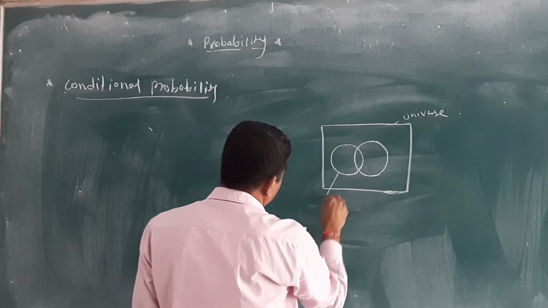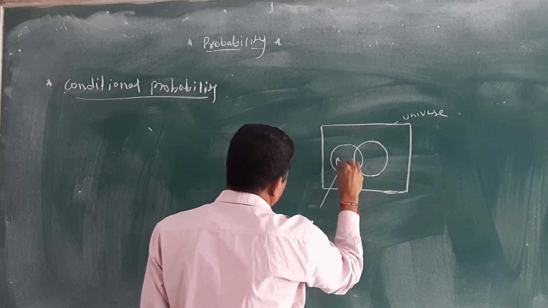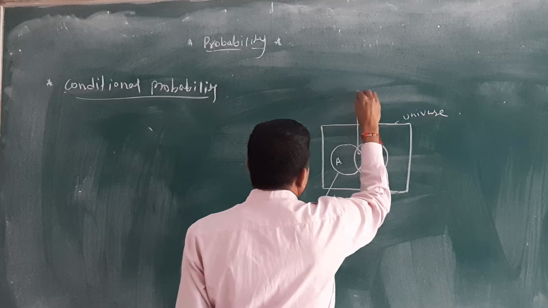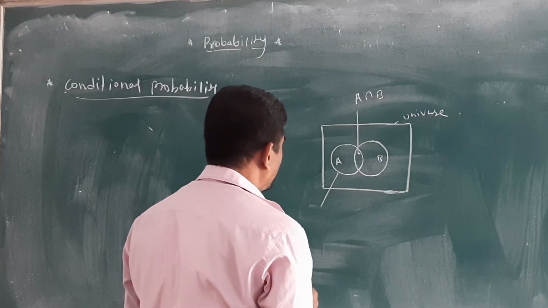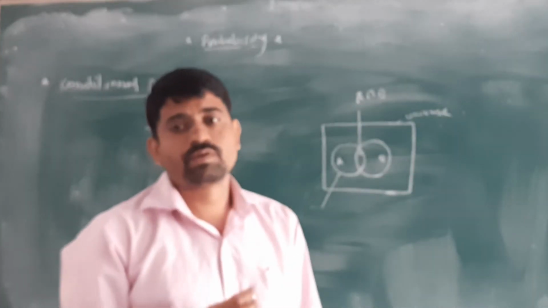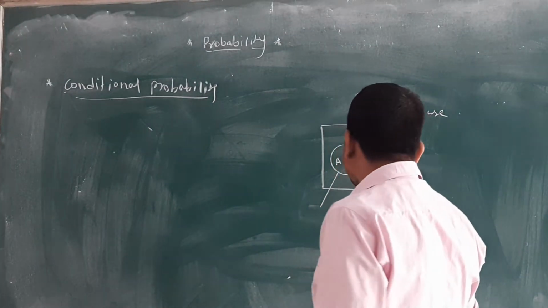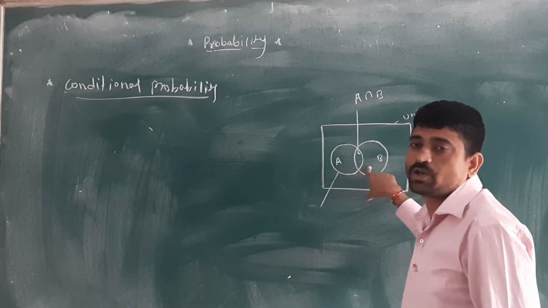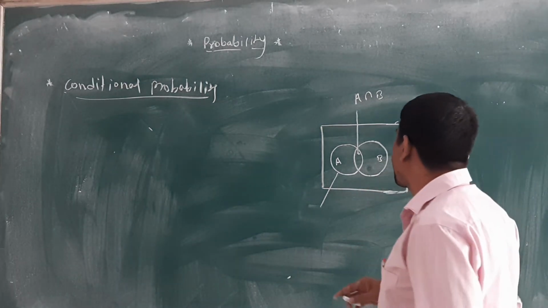Here is A, there is B portion, and this one is A and B portion. Okay. Suppose we will take here one example. Before going on to that example, how to read that? Here we want to find out the probability of A, given that B has already occurred. This is the probability of B already occurred.